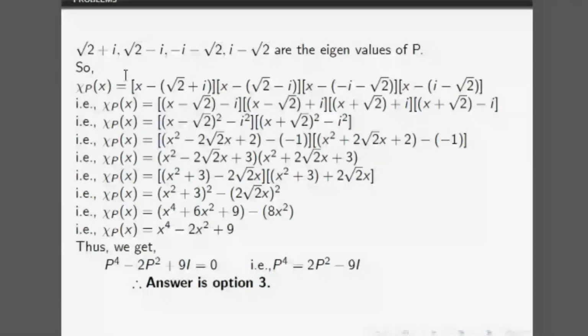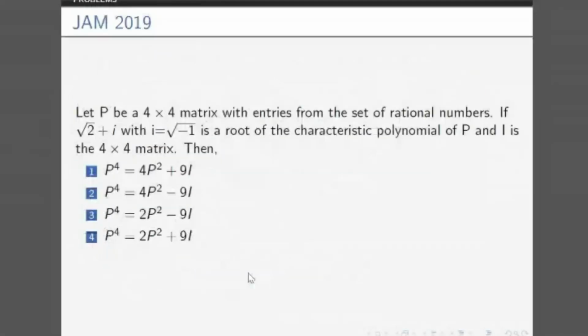That is the characteristic polynomial of P. So using the Cayley-Hamilton theorem, we can say that this matrix P satisfies its characteristic equation. That is P power 4 minus 2P power 2 plus 9I is the 0 matrix, from which I get P power 4 equals 2P power 2 minus 9I. That is option 3.